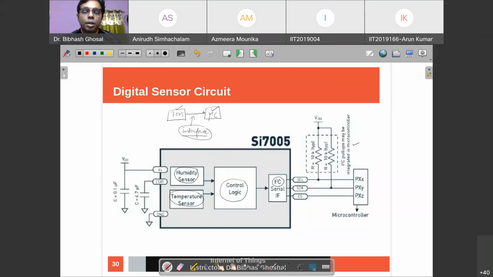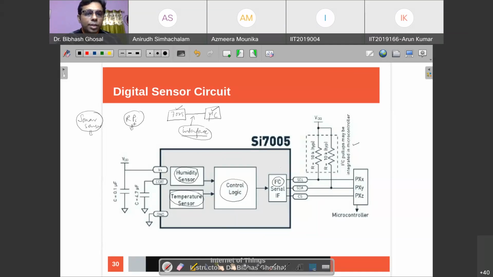I repeat, when you are going to connect a sensor or a sensing circuit to a microcontroller, say for example, you want to use a sonar sensor that measures the distance of an object with a Raspberry Pi, you have to find out the interfaces supported by this and whether this particular Raspberry Pi also allows the same interface.